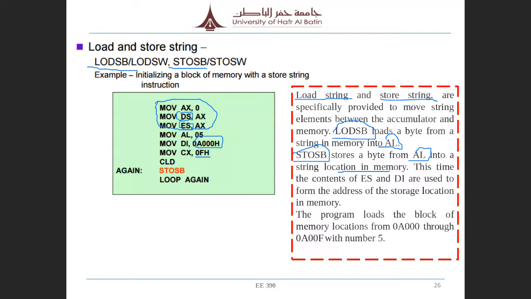What is happening here is that store string moves string data from the accumulator to a memory location. Which memory location? The accumulator data is 05, and it is fixed. Let me draw it. For example, this is a memory block, the extra segment.